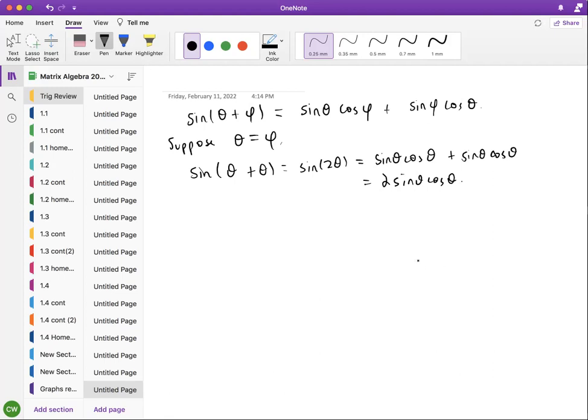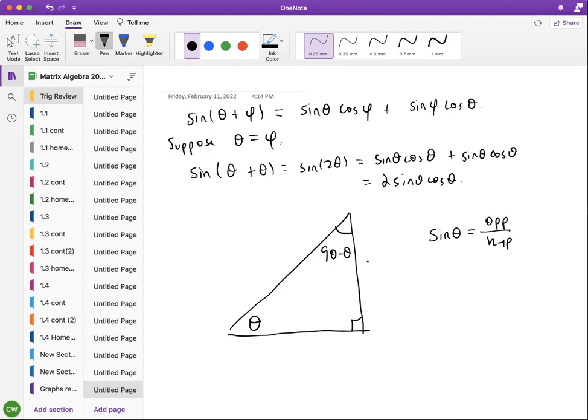Now, before moving on to cosine, let's remember some facts about triangles. If this is theta and this is 90, then this must be 90 minus theta. Let's take theta: we know that sine of theta is equal to the opposite over the hypotenuse.